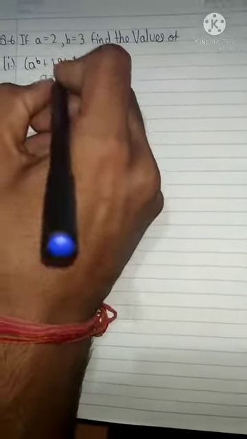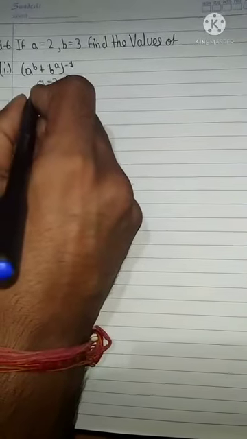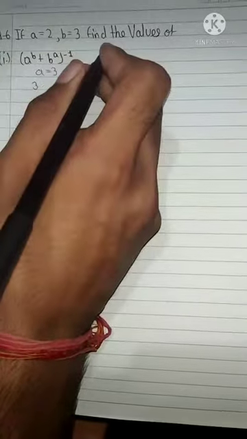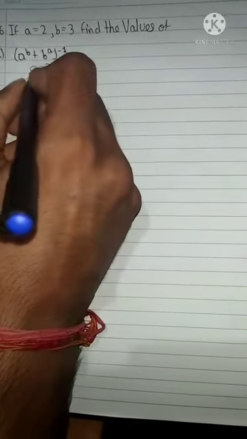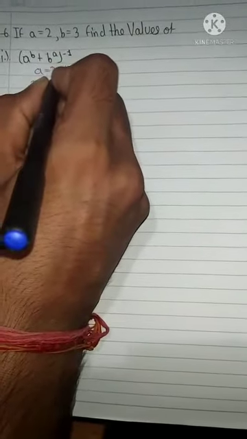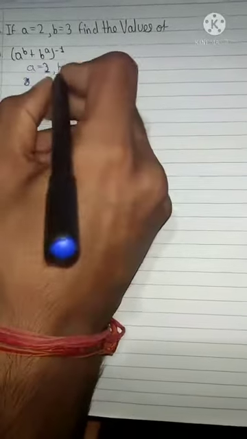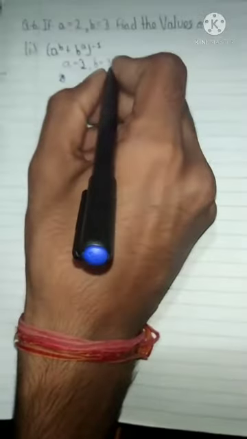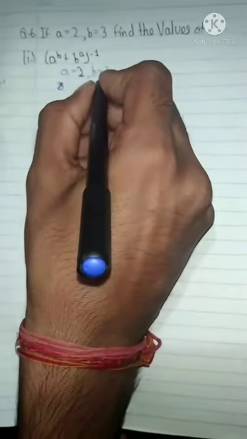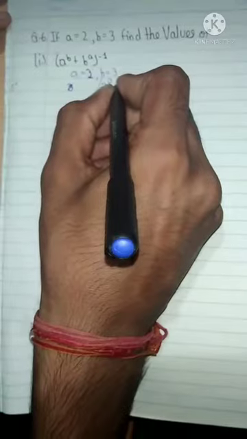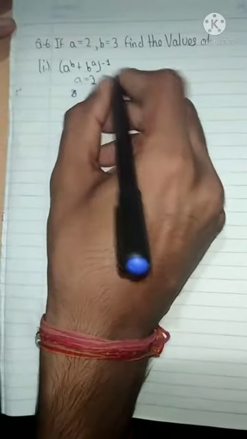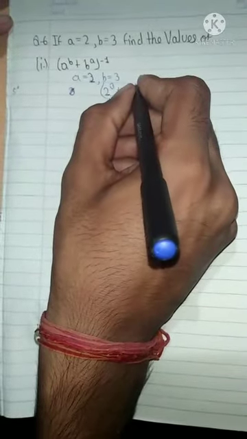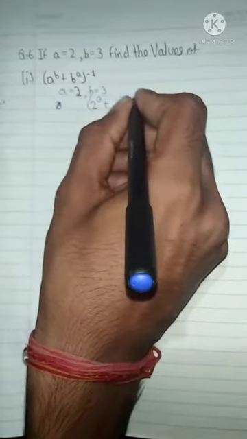Here the base is a and the exponent is b, so put the value of a as 2 and the value of b as 3. Put the value of a, 2, which is the base, and the value of b, 3, which is the exponent, in the bracket, plus b^a, with b as 3 and a as 2, all to the power minus 1.